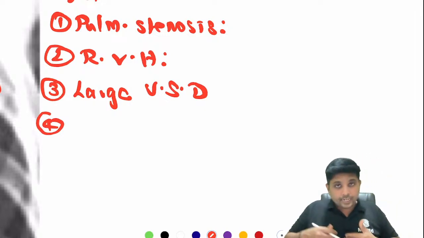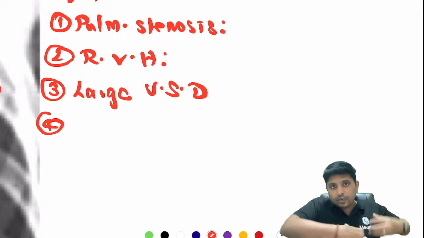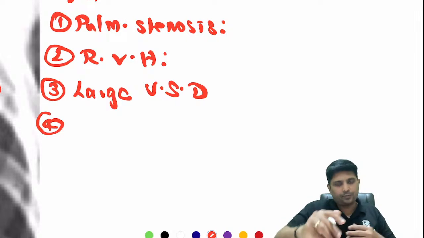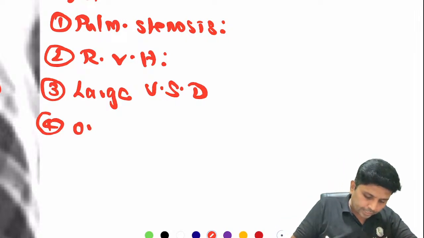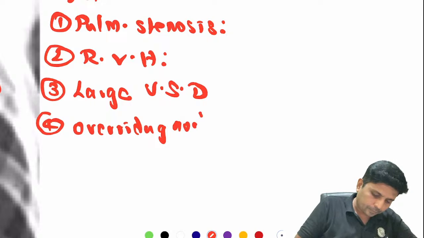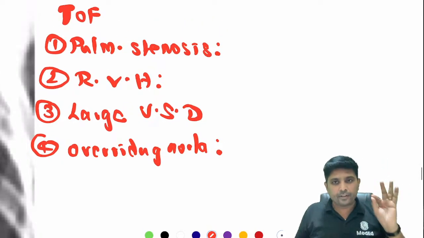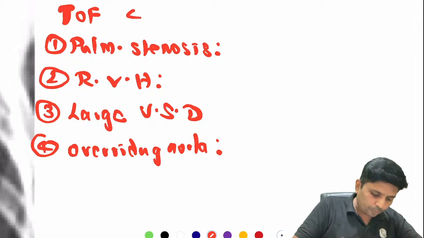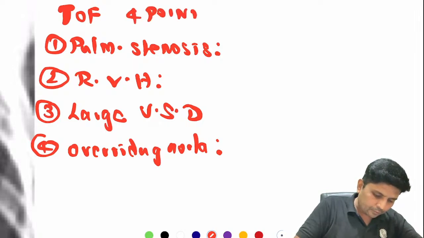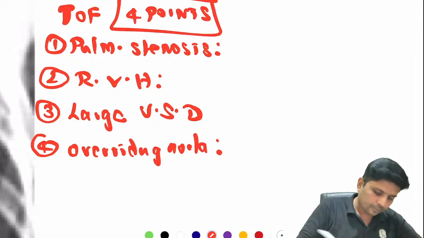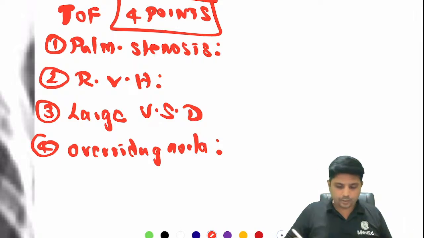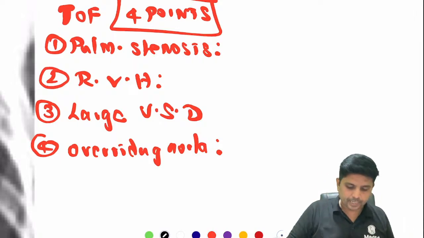In that area, the aorta will be joining into that large VSD. So, overriding aorta. So 4 points in tetralogy of Fallot, very, very important.